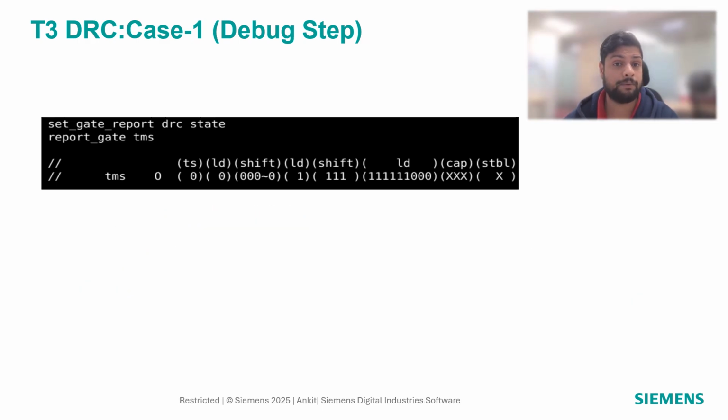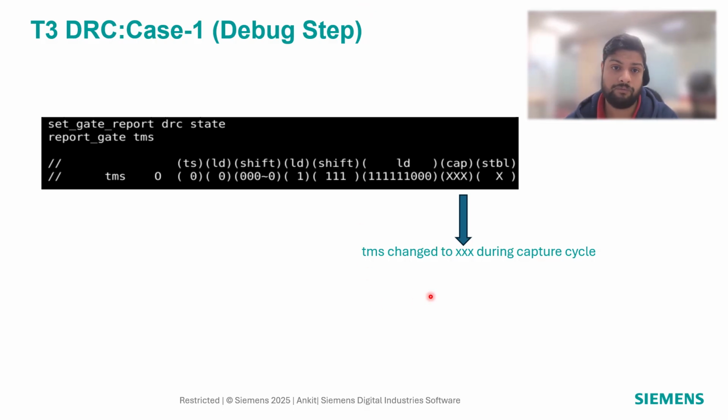The next step is to check whether the TMS pin is properly constrained. This is important because during the capture cycle, the value of TMS must be held at 0. If we don't define this pin constraint, the tap state stability during capture can't be guaranteed. And when the state stability check fails, it reports a T3 violation.